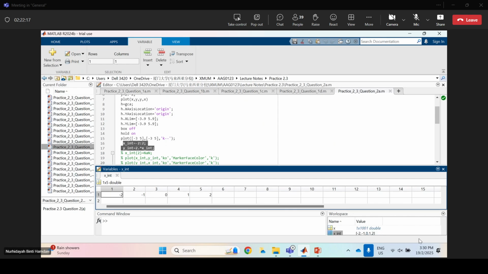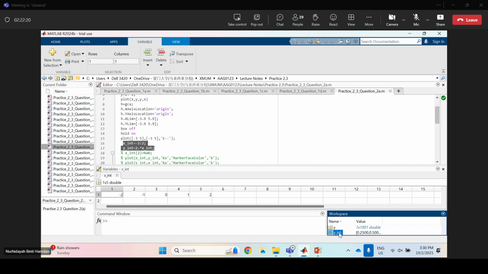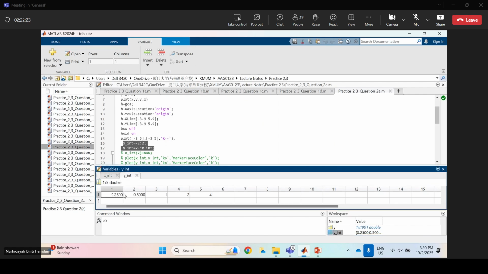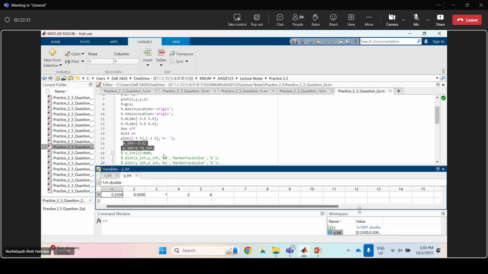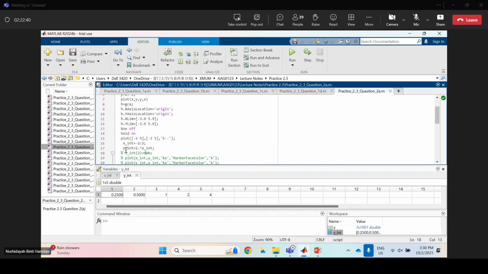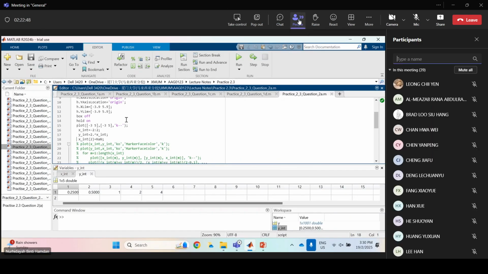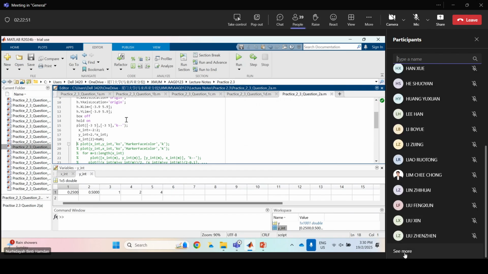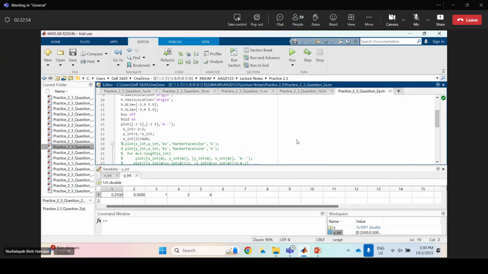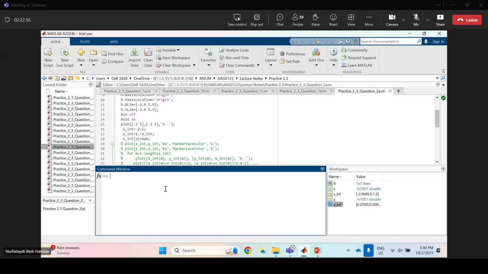Now if you look at y integer, here will be 0.25, 0.5, 1, 2, 4. For the second value of integer 2, we put as not a number. Then after that, we use hold on to begin with the marker.